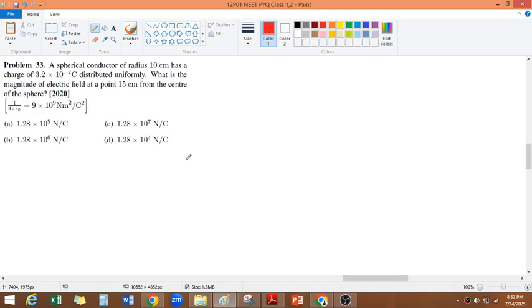What is the magnitude of electric field at a point 15 centimeter from the center of the sphere? Okay, I think it's a very easy problem, just direct formula substitution. So this is 10 centimeter. This is 15 centimeter. So what is the magnitude of the electric field?